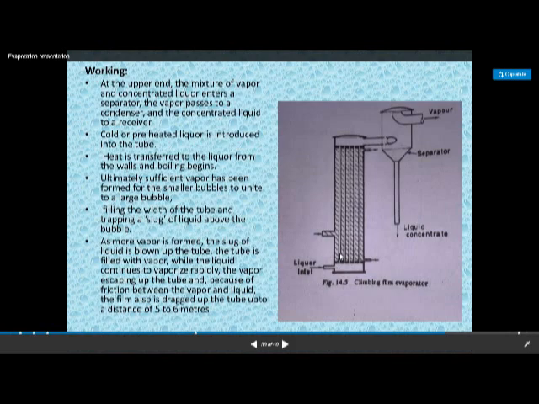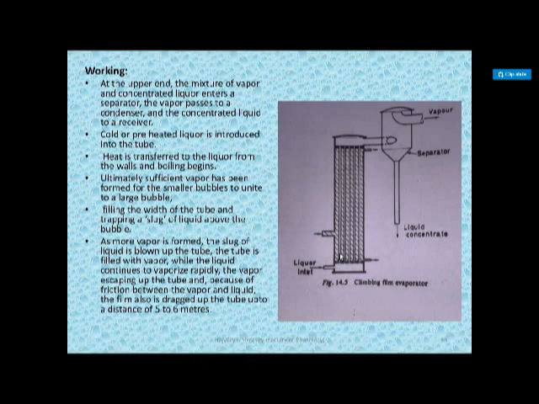You must have observed the boiling of water. Firstly, what happens in that is the formation of small bubbles. So many small bubbles are going to form, and those small bubbles are going to combine with each other to form a big bubble, right? So the size of that bubble increases as small bubbles add to that big bubble.